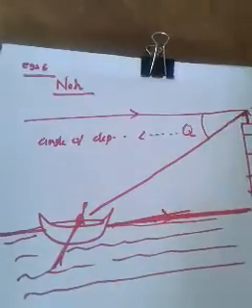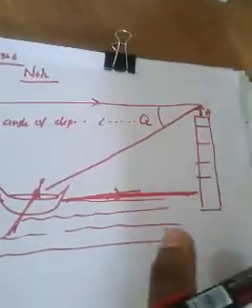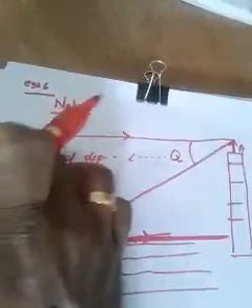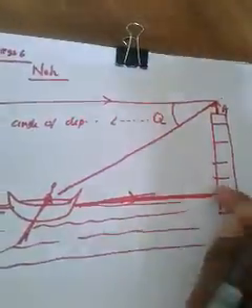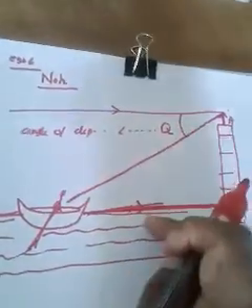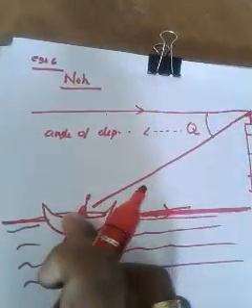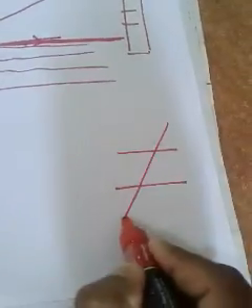One more thing you can mention: the horizontal level of sight should be parallel to the base, and here the base is the sea level. So these two lines are parallel, and of course this is a transversal. You know the concept of parallel lines and transversal.